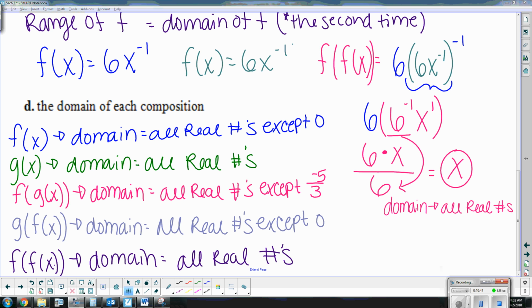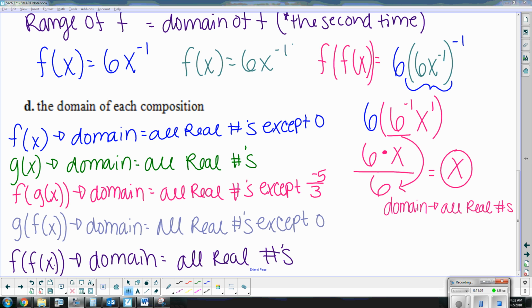So just to summarize for the domains, looking at function f and function g: in function f of x, the domain is all real numbers except 0 because you can't divide by 0. If you do, you get undefined. G of x, the domain is all real numbers.